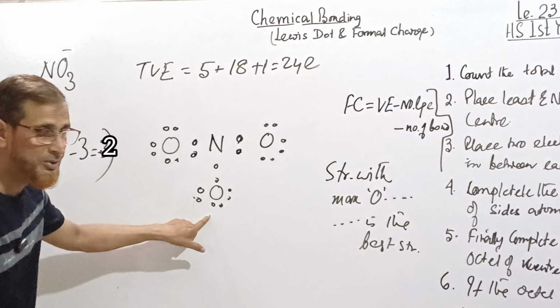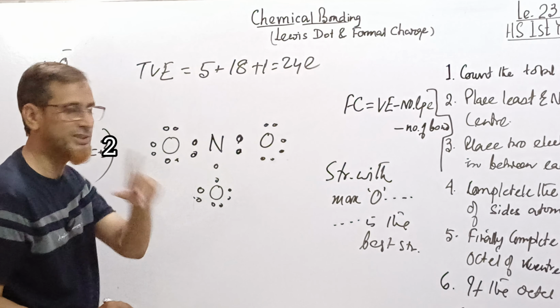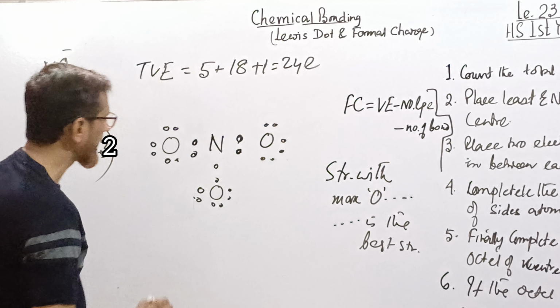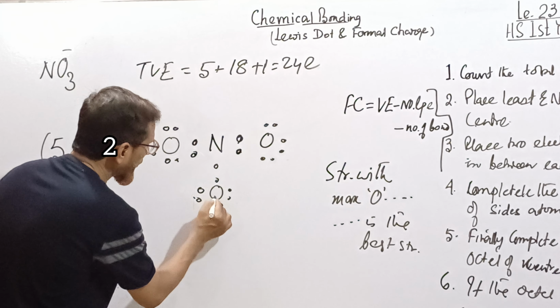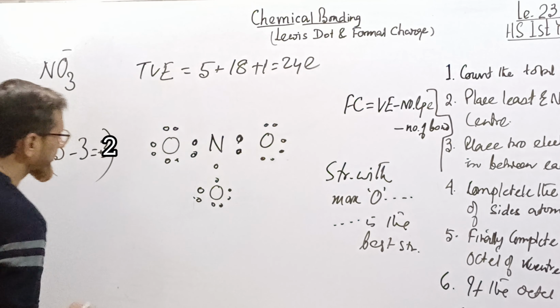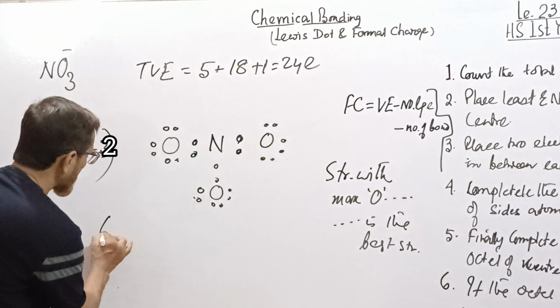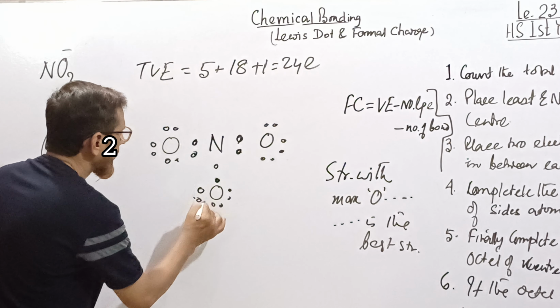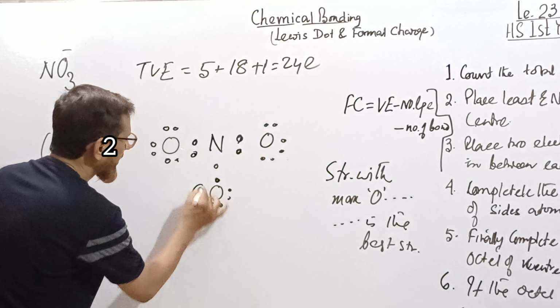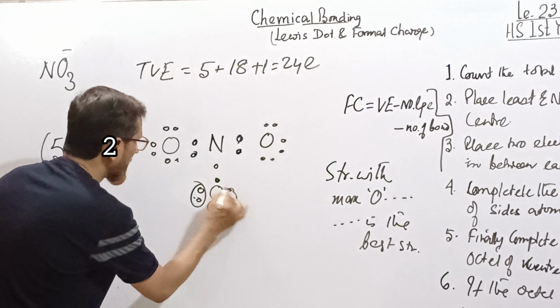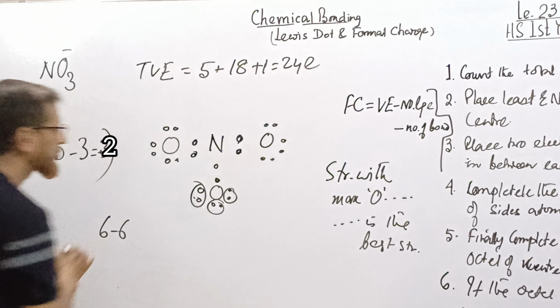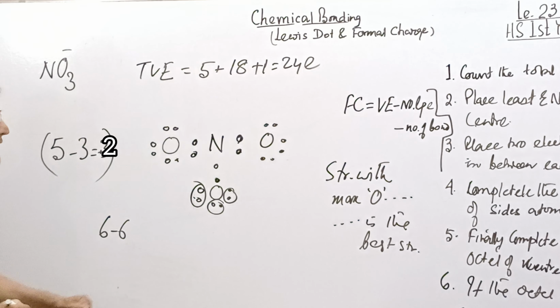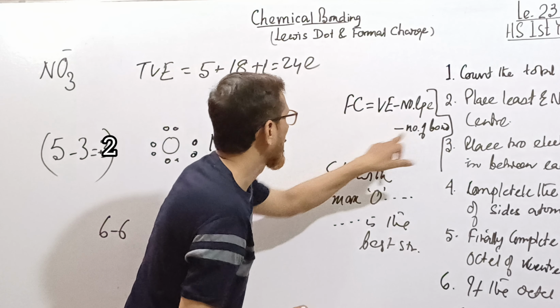Now come to the formal charge of this oxygen. These 3 oxygens are the same, so let us find it for only one oxygen. Valence electron is 6, minus lone pairs. This is 1, 2, 3, so 3 lone pairs means 6 lone pair electrons, minus bonds.